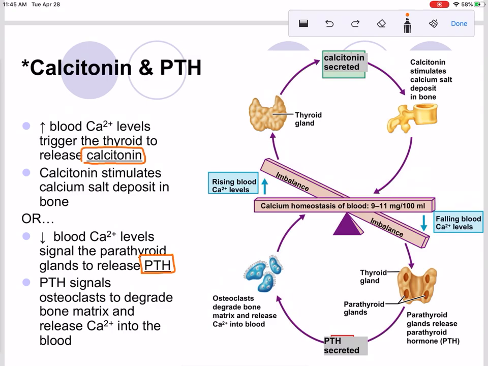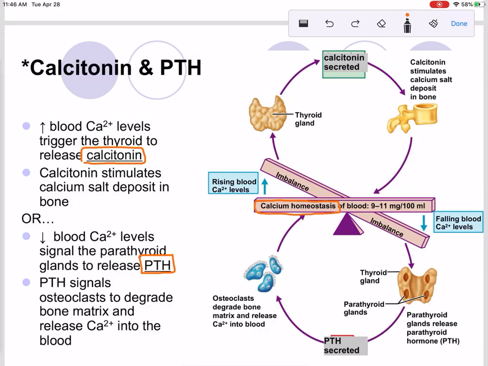And we need to have a constant amount of calcium in the bloodstream, because that is what's going to enable our muscles to use some calcium to be able to contract. Nerve impulses grab some calcium when they want to send a nerve impulse. Glands, many glands need calcium in order to secrete hormones. Blood clotting needs calcium. So it's very important that we have enough, not too much, but not too little, calcium in the blood.